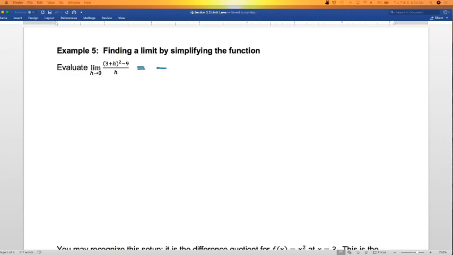So just a quick check of Algebra 1 skills, what do we get when we square 3 plus h? h squared plus 6h plus 9.